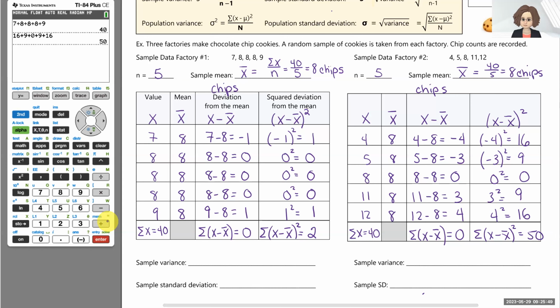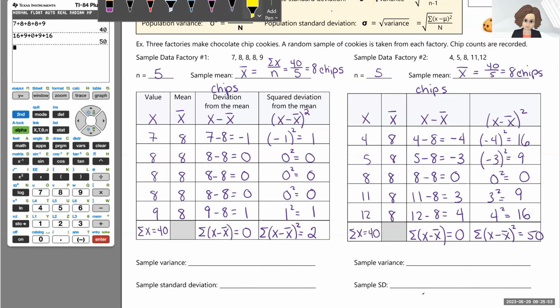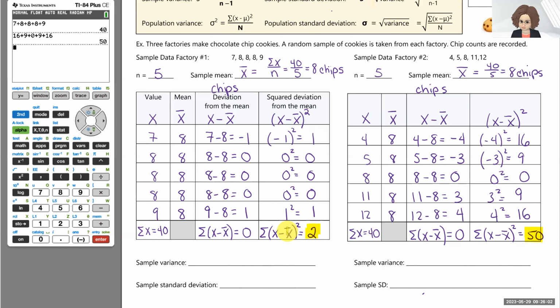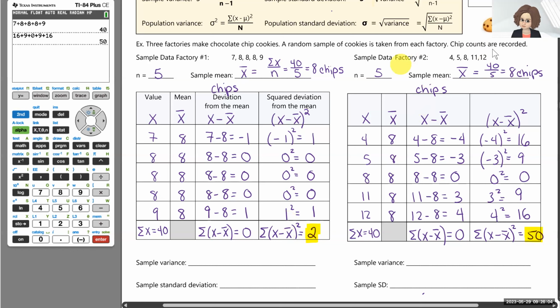All right. So all we're trying to do right now is a little bit of comparing. So that total is bigger than that total. So in general, telling me that this factory shows more deviation from the average among its cookies than that factory.